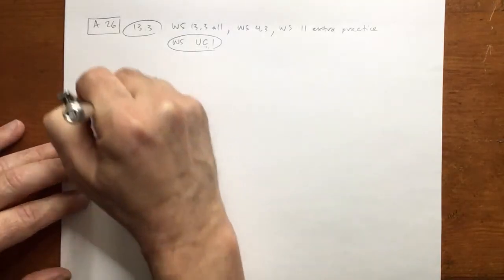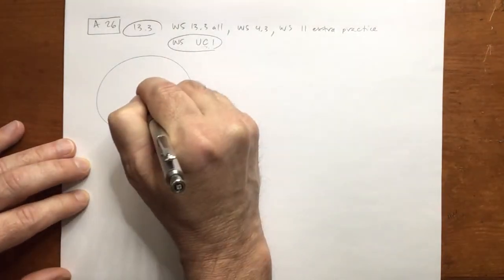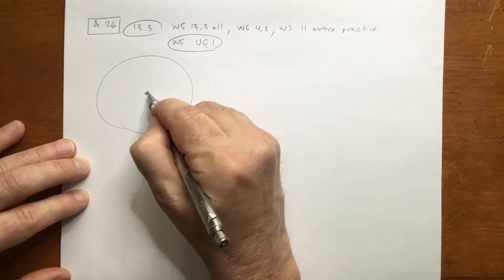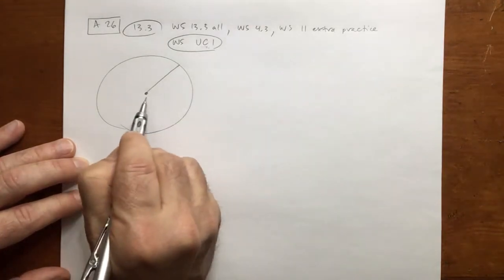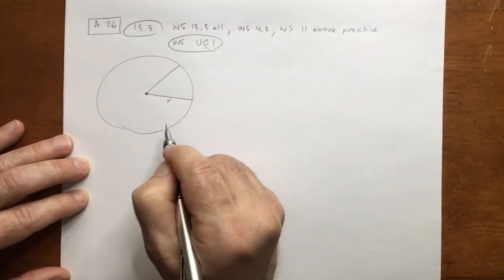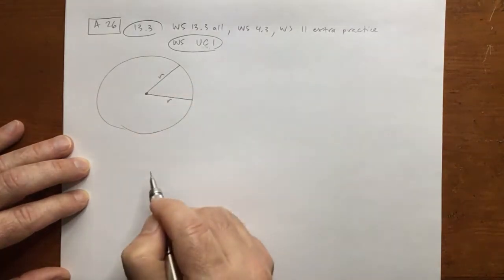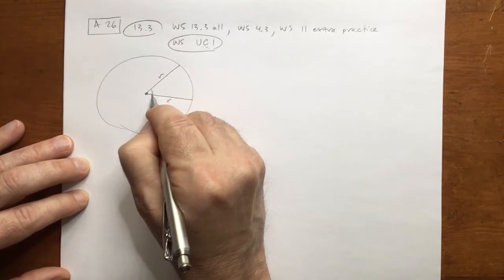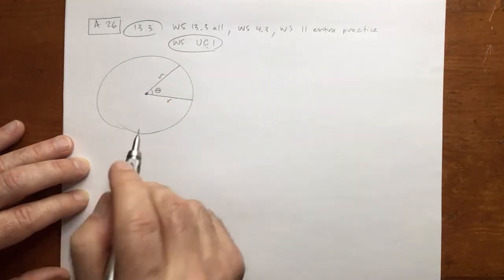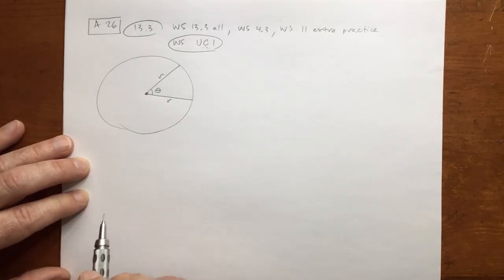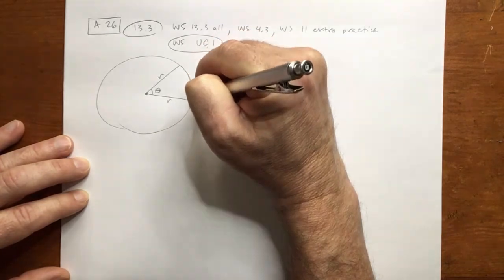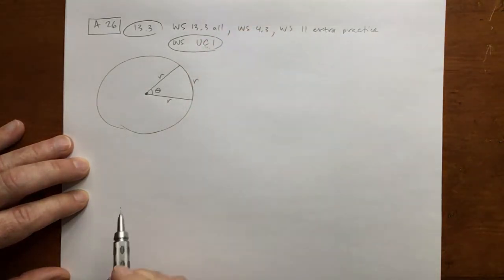So I'm going to draw a circle. I have the center of the circle right here. And I'm going to draw, you guys remember what a sector is? I'm going to draw a very special sector. Here's the radius. This radius is congruent. Let's call it angle theta right there. What made this a special sector is that I tried to make this arc length equal to a radius.